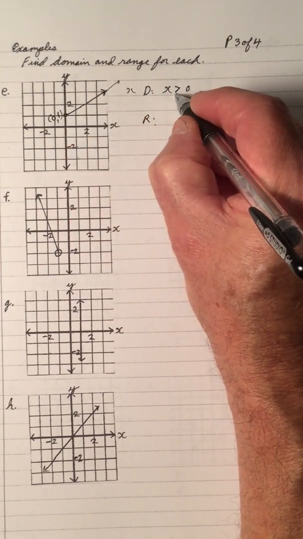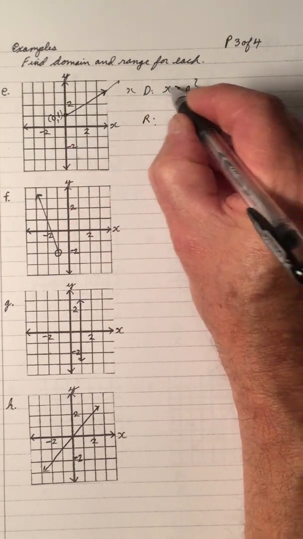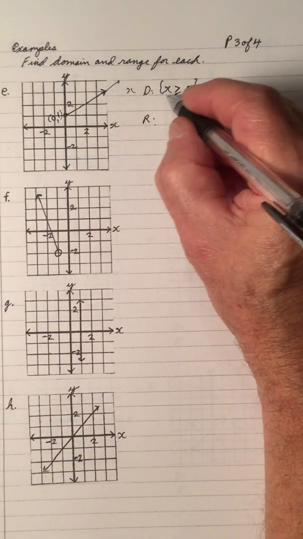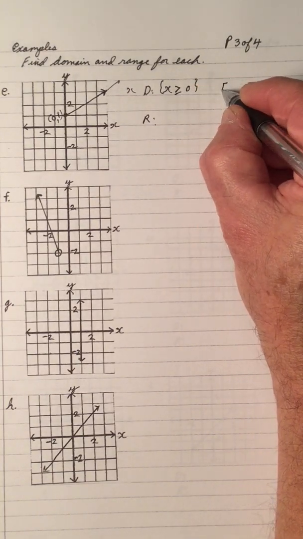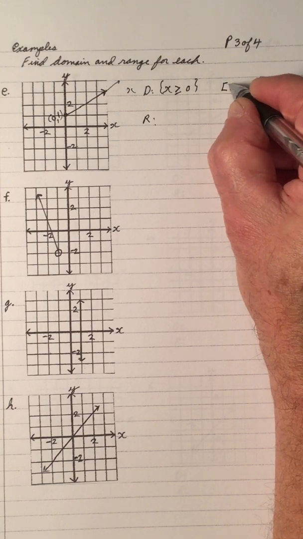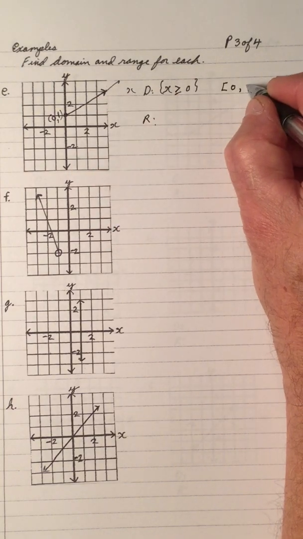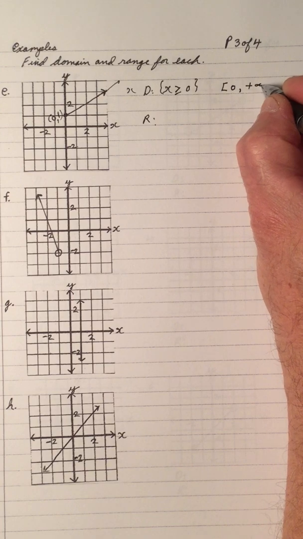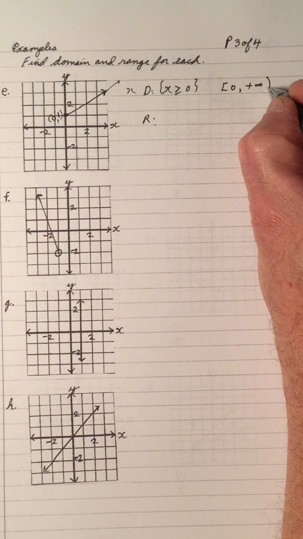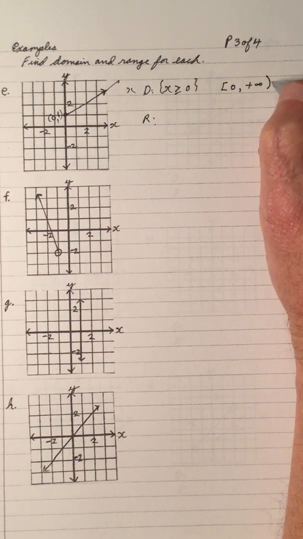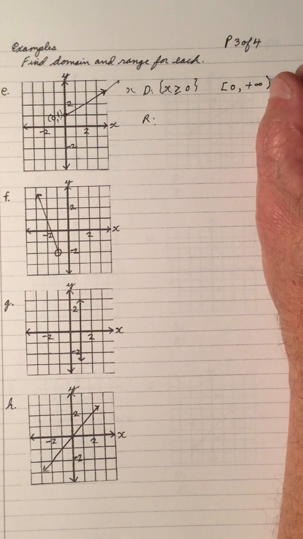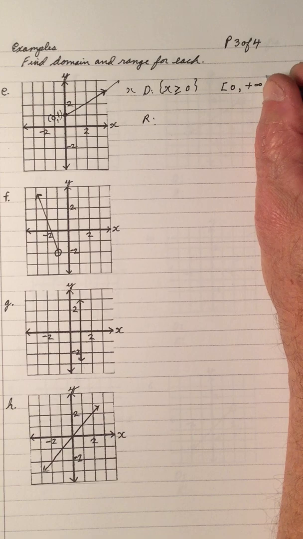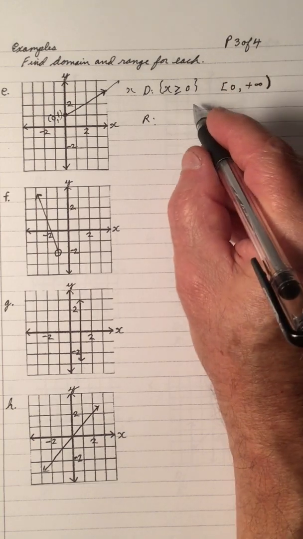Because it's solid, we say equal to. So that's the inequality. This starts at 0, so it's a square bracket because 0 is included. And we go to positive infinity. That is a hollow, that's a round bracket. When you go to infinity, negative or positive, you have to use not included because it never ends.